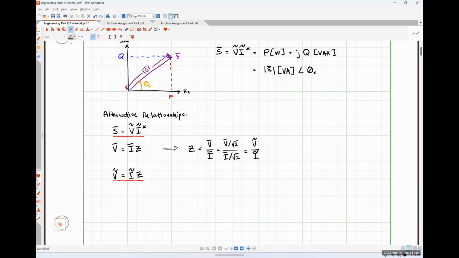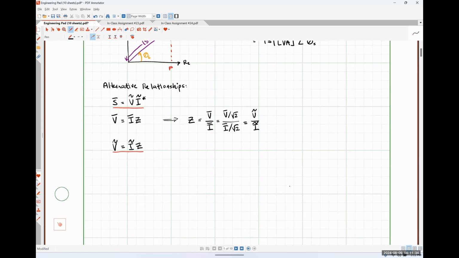Okay. So using these relationships, we could say that S is V times I conjugate, and I conjugate could be written as V over Z, and then we conjugate this ratio.